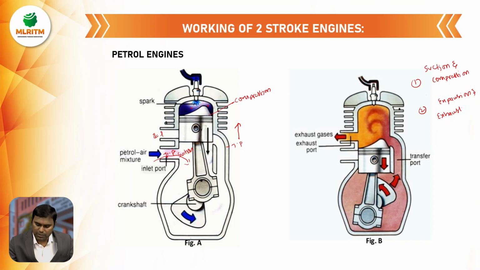Then explosion takes place and produces gases, and due to these gases, the piston moves in the downward direction, and this is called the expansion stroke. And the exhaust gases move into the atmosphere through the exhaust port. So this stroke is called the downward stroke. So in the upward stroke, suction and compression are completed, and in the downward stroke, expansion and exhaust are completed.